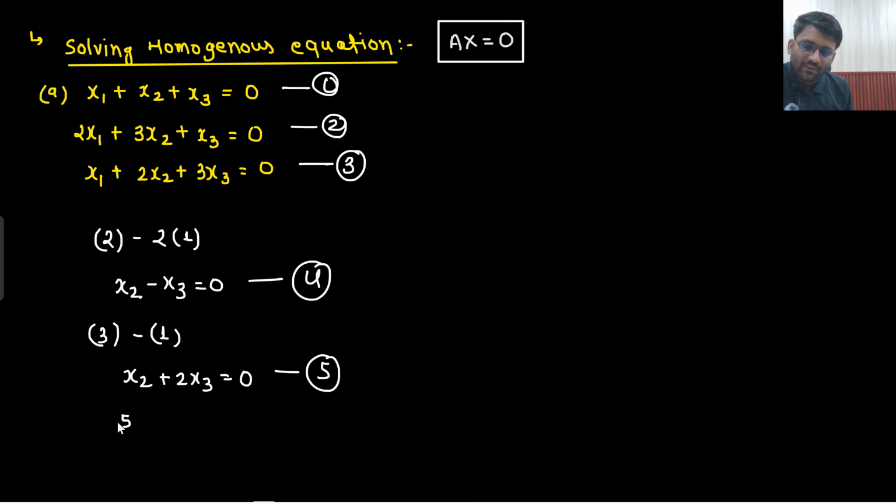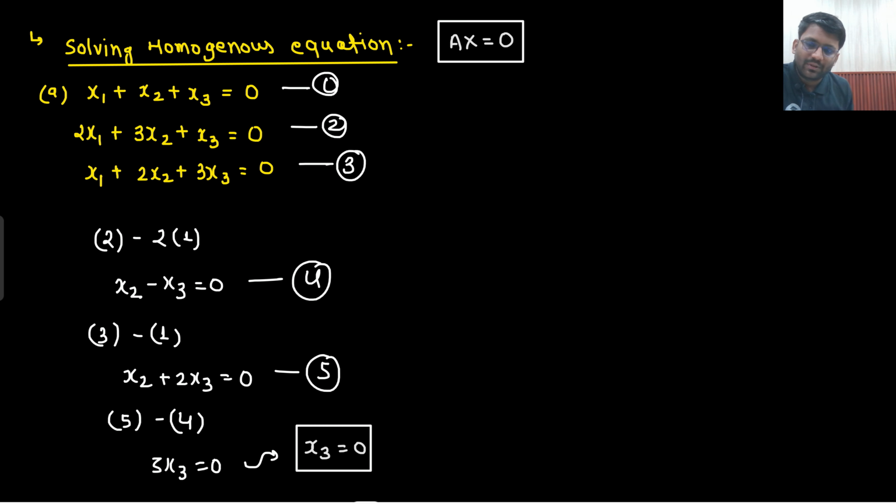Now from equation 5, I subtract equation 4. So I will get 3x3 equals 0. From here, x3 is coming out to be 0. If you put x3 equals 0 here, then x2 is also coming out to be 0. And if x2 is 0 and x3 is 0, if I put them in for x1, it is coming out to be 0.